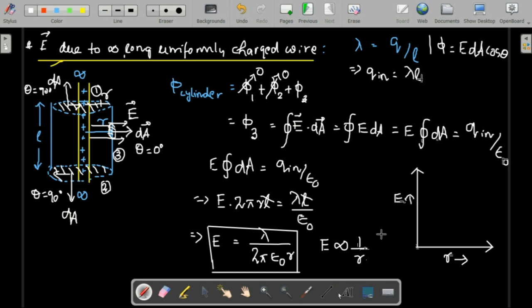It is inversely proportional to r, so we'll basically have a curve like this. And definitely the slope is not going to be too high because it's inversely proportional to r and not to r square. So if we draw this, it will be something like this. So we draw the graph. There might be questions asked on how the graph looks, and you should answer it in this way. That's important.